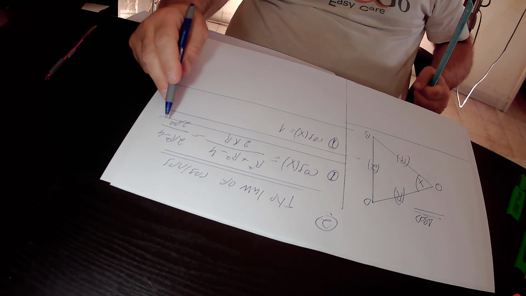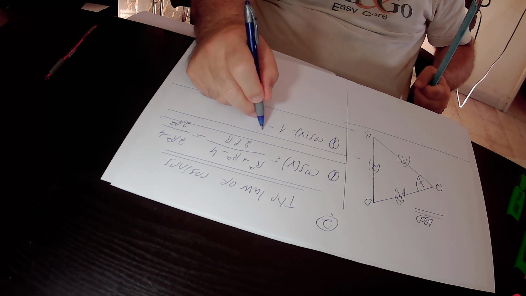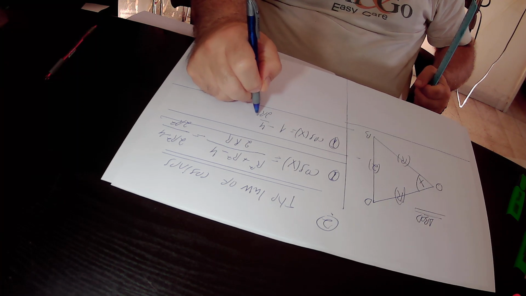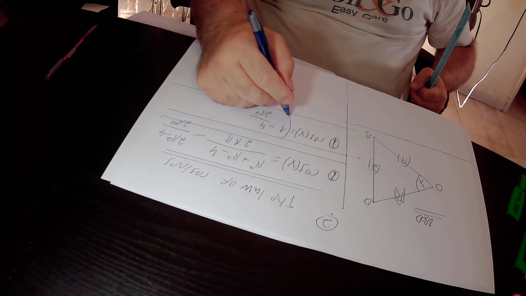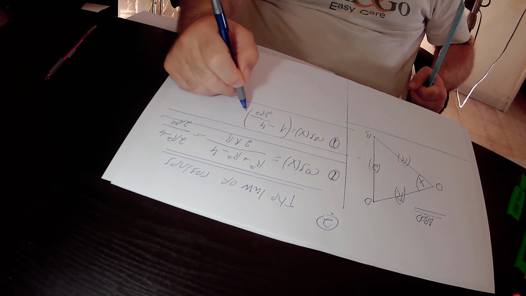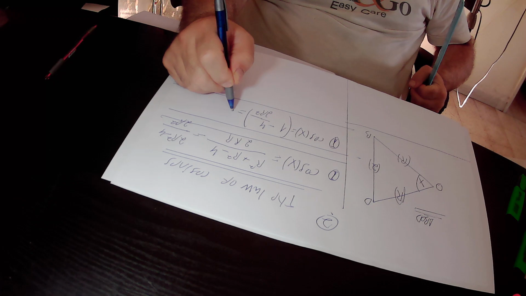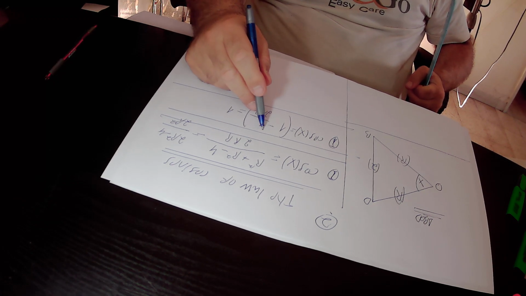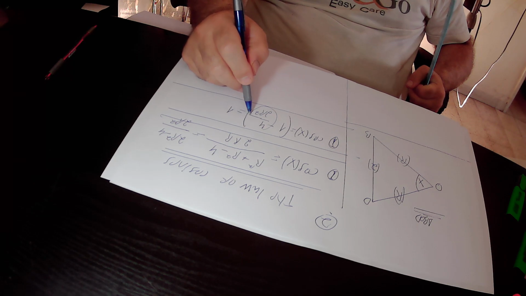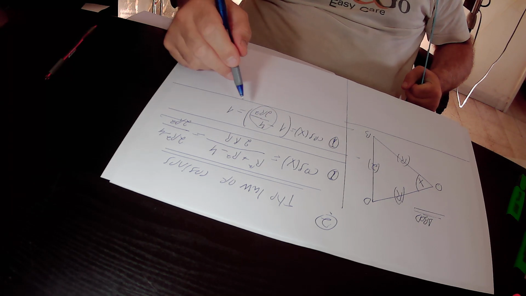And we have also here minus 4 over 2R squared. So cosine x equals 1 minus 4 over 2R squared. And here we divide both the numerator and the denominator of this expression by 2.